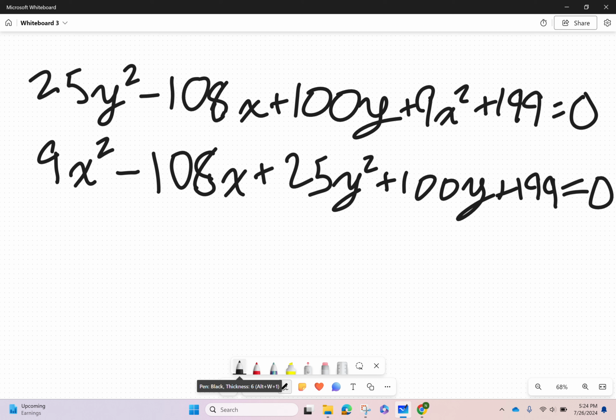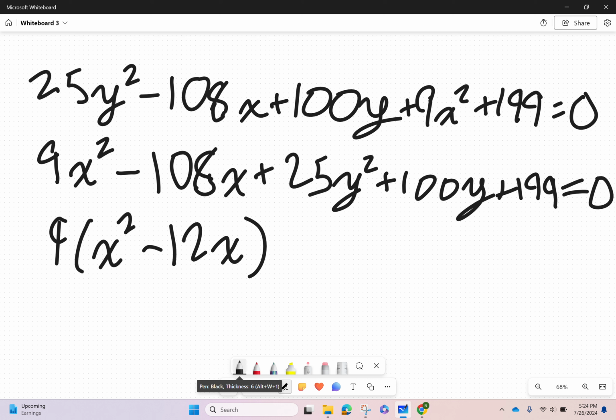And so the way to do that is with the x, I'm going to do 9 times x squared, because 9 times x squared is 9x squared, minus 12x, because 9 times negative 12 is negative 108, so that's how you factor out your common multiples.